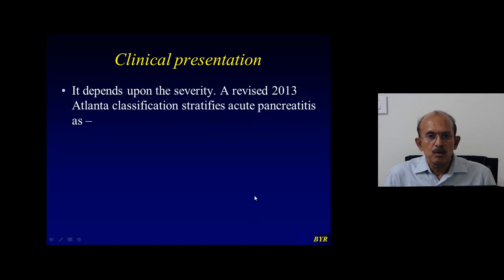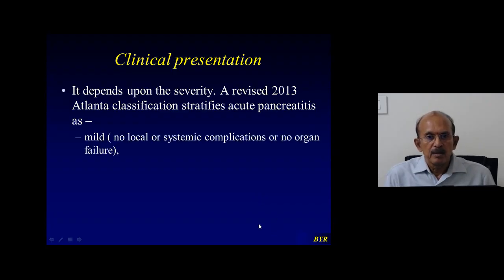The revised 2013 Atlanta classification stratifies acute pancreatitis. Mild: no local or systemic complications. Local complications, I told you. What are they? Local complications: pseudocyst, abscess formation, ascites, pleural effusion.